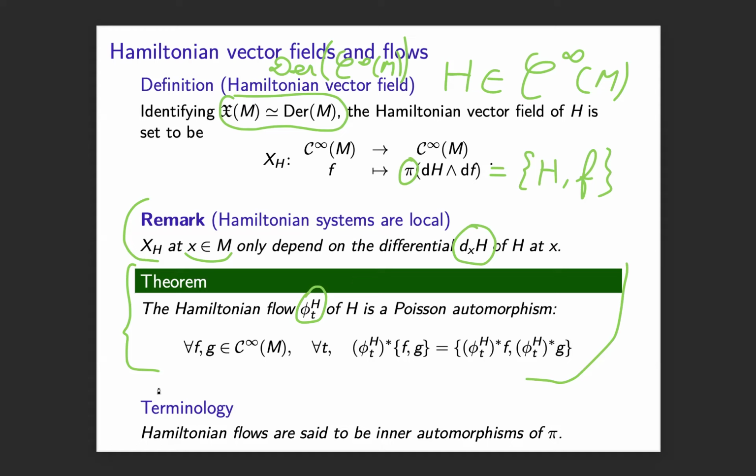And these Hamiltonian flows are said to be inner automorphisms of pi. These automorphisms are called inner automorphisms because you constructed them using pi. You have an explicit construction to construct inner automorphisms of pi out of the Poisson bracket.